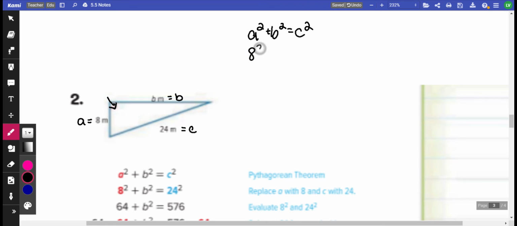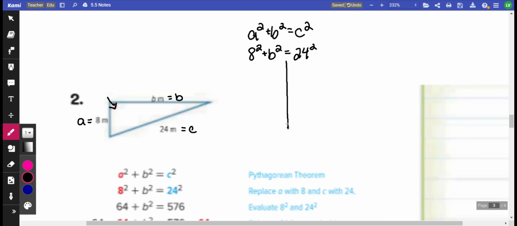Instead of a, I'm going to put 8. I'm going to keep b squared as b squared because I don't know b. c is going to become 24 squared. This problem looks a little bit different this time because you are solving for a side length instead of the hypotenuse.